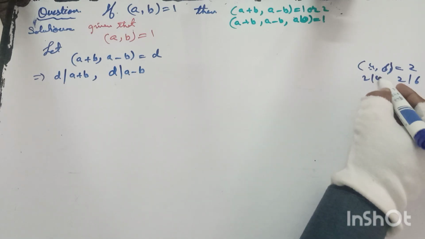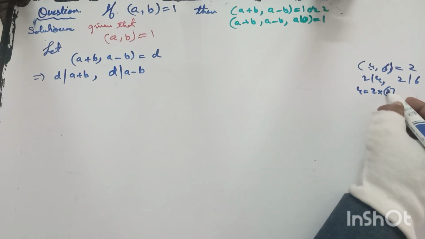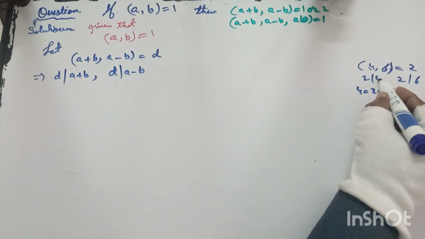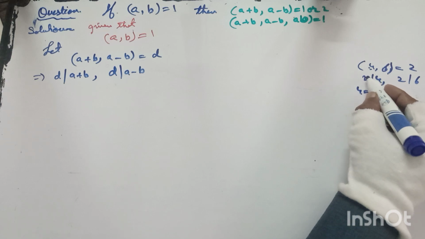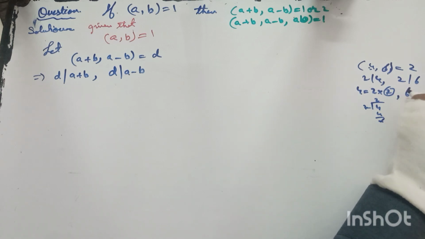If 2 divides 4, then 4 can be written as 2 multiplied by some number, because this is the multiple, this is the divisor. So I can multiply by something to make it equal to this. Likewise for 6.